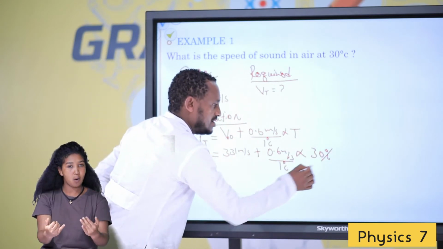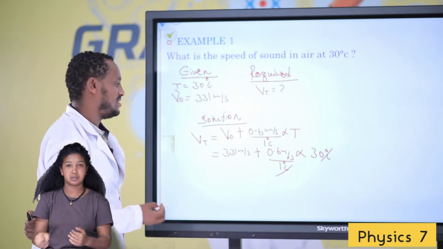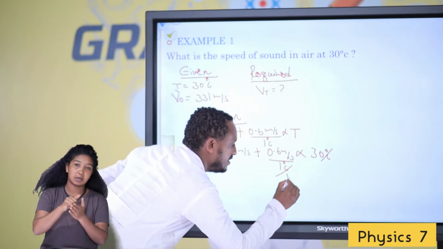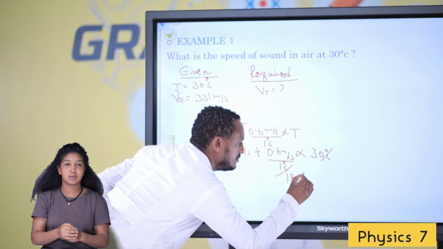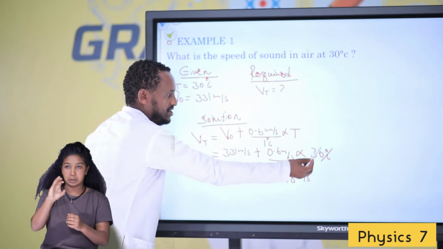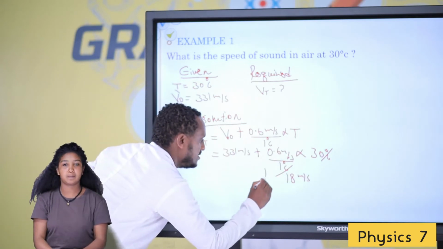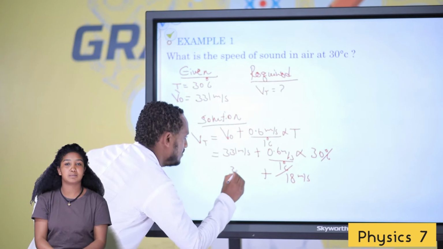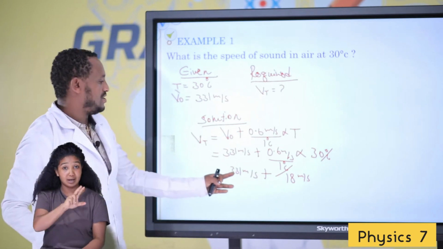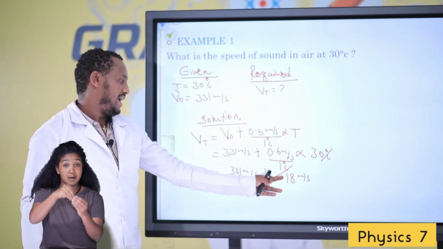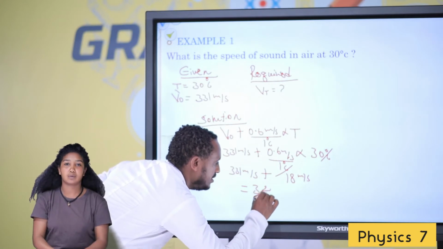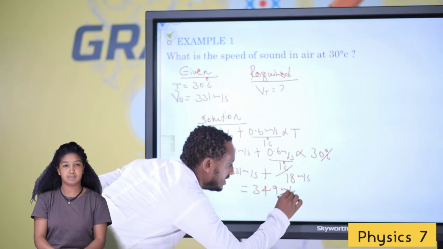Now degree Celsius cancels degree Celsius. 0.6 times 30 is 18 meters per second, plus 331 meters per second. 331 plus 18 is equal to 349 meters per second.